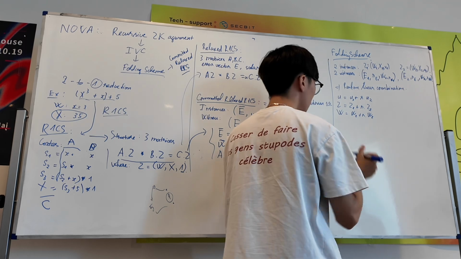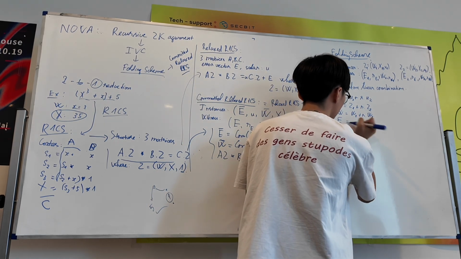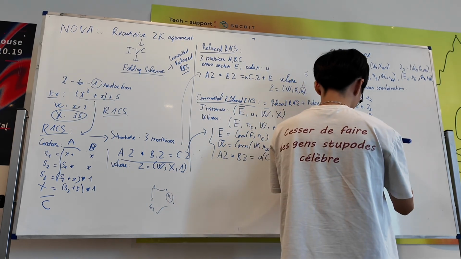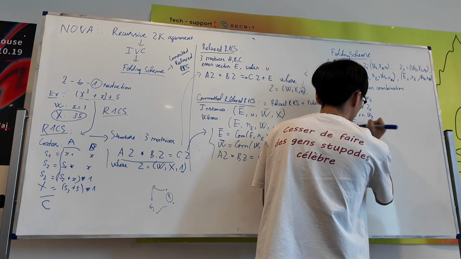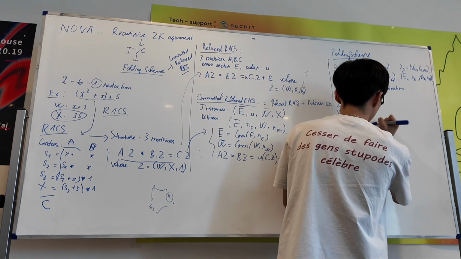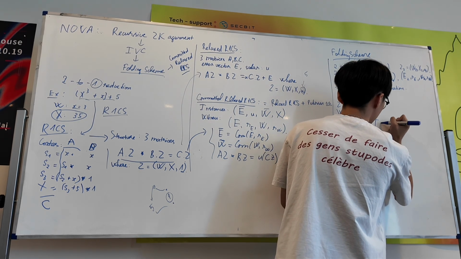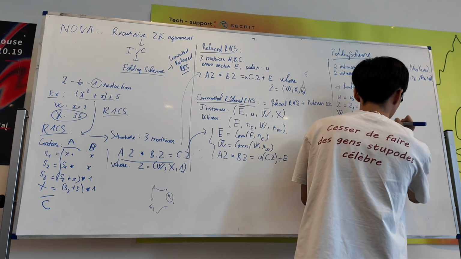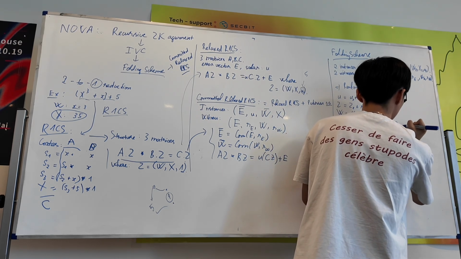But the error vector e is quite different. We use e1 plus r t plus r squared e2.